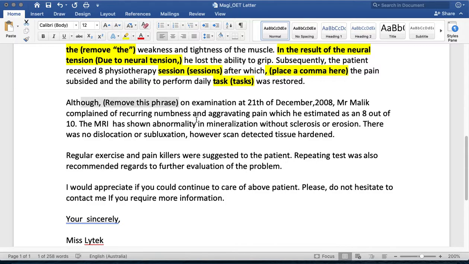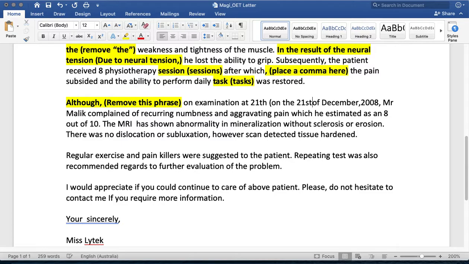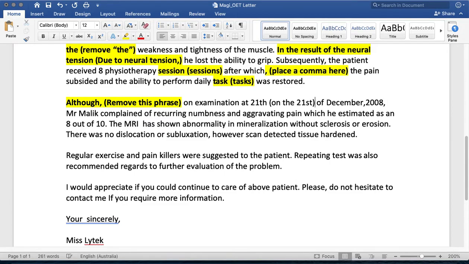The other mistake is the 21st. She can't use at 21st. At cannot be used for a date, so you got to use on the 21st, of December 2008. All right, that's the correct way of writing the date.